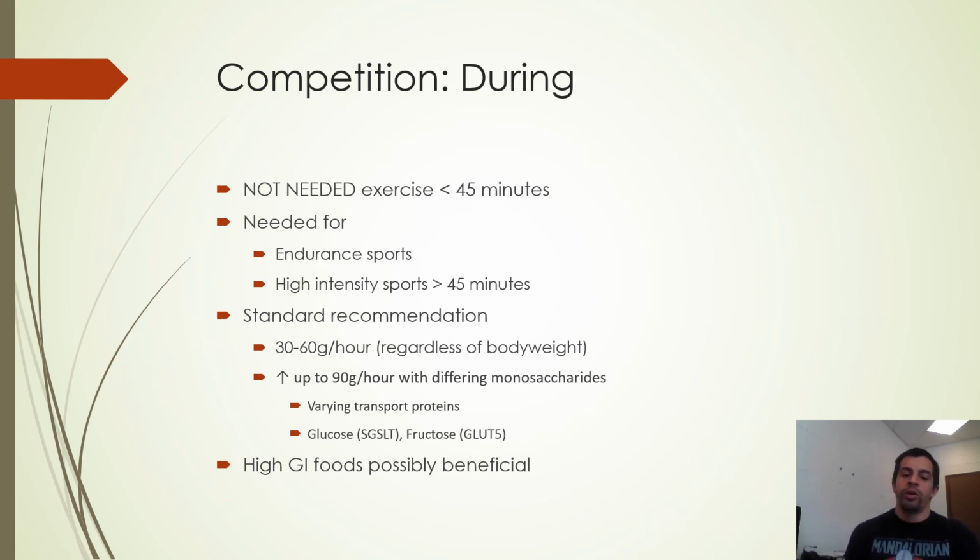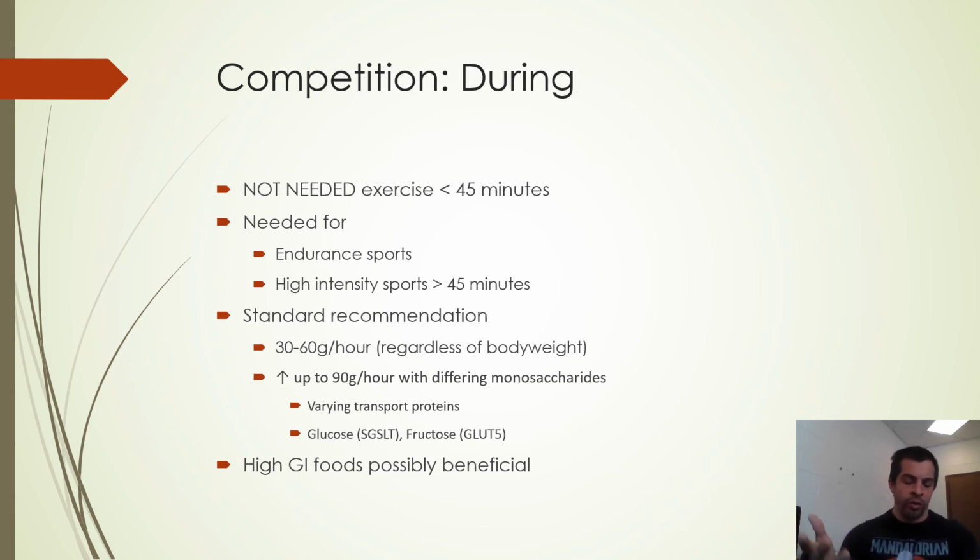Now, you do need carbohydrates for endurance sports, meaning anything longer than an hour. You also need it for high intensity sports that last more than 45 minutes. A soccer match might last an hour, an hour and 15, an hour and 20 minutes. In that case, it is beneficial to ingest carbohydrates during exercise. The standard recommendation is approximately 30 to 60 grams per hour, regardless of body weight.